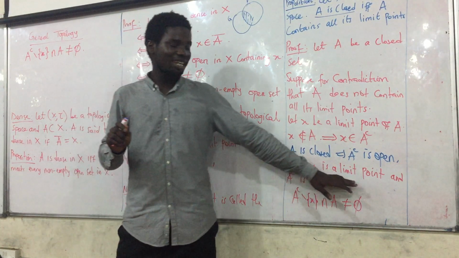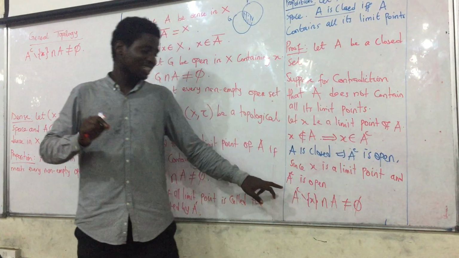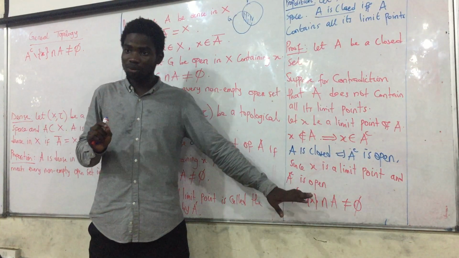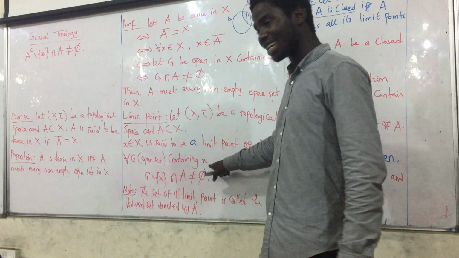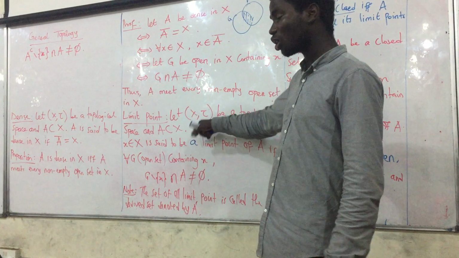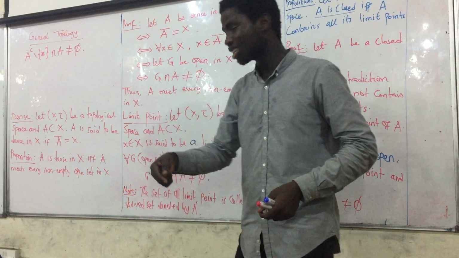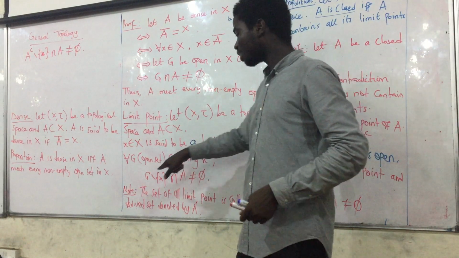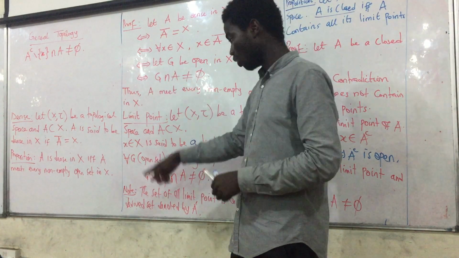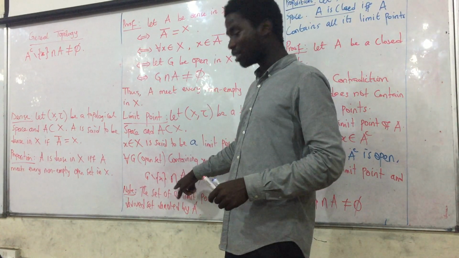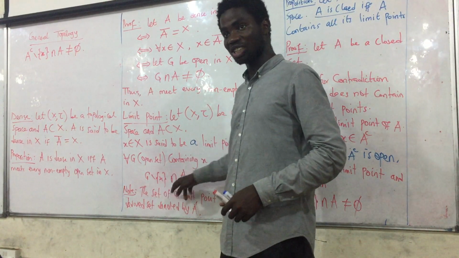So since S is a limit point of A, and the complement of A is open, for any open set you have containing x, the definition of a limit point says that if you take that open set and remove that point x, it will still contain some element of A. Do you get that? That means the intersection is not empty.